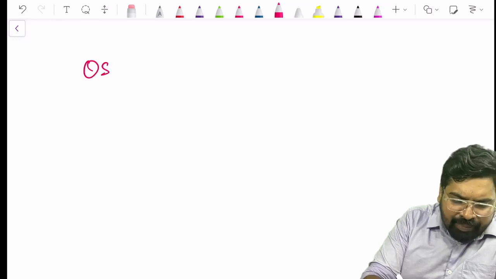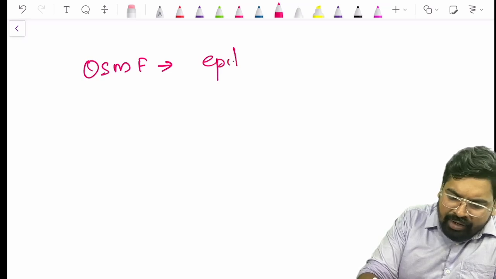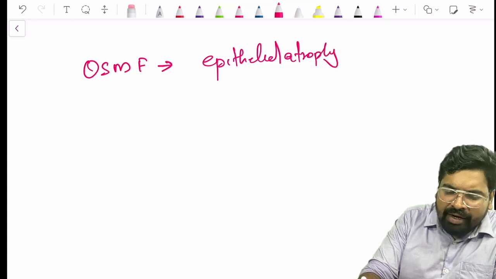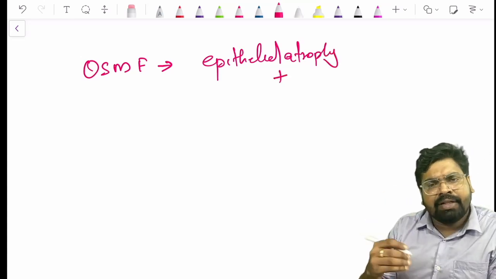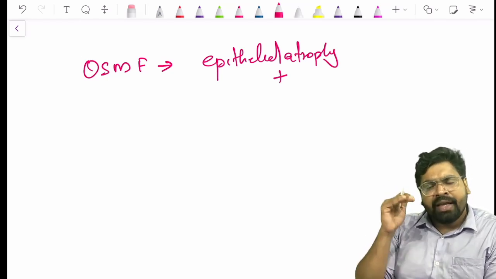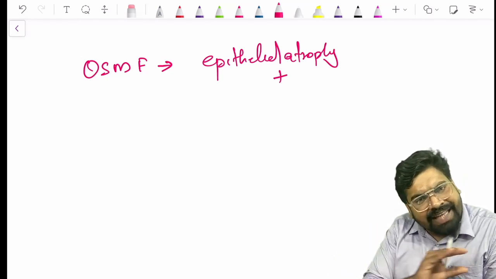In oral submucous fibrosis, what we see is epithelial atrophy. Along with this epithelial atrophy, we have juxtaepithelial hyalinization. Juxtaepithelial means just below your epithelium, in the connective tissue, there is an abundance of collagen formation and hyalinization.